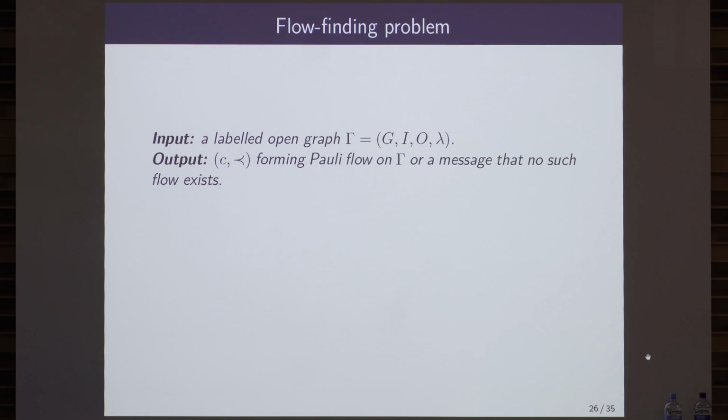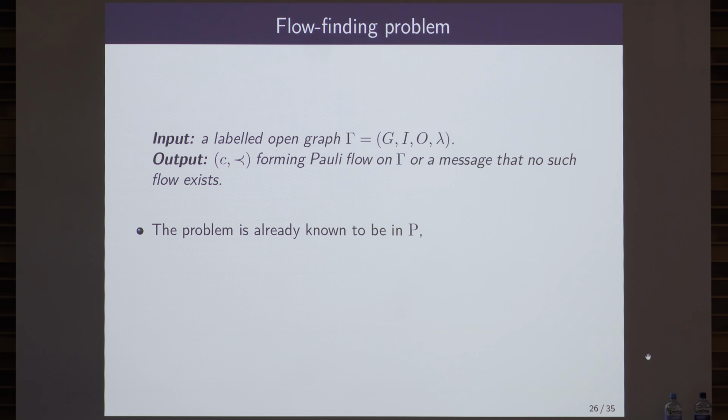I explained that this is important, for example, because of T-count optimization, or for circuit extraction from ZX calculus. This is just something that sometimes has to be done, that we have to find explicitly what the structure of flow looks like. Because of that, there was a lot of research to check whether we can do it in polynomial time. And yes, we can do it in polynomial time.